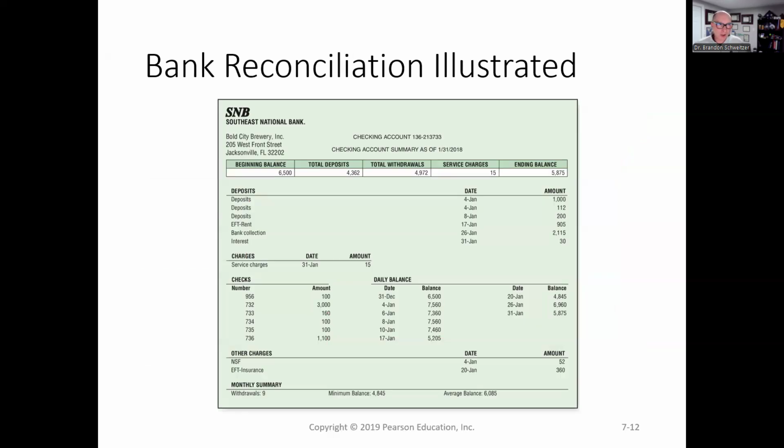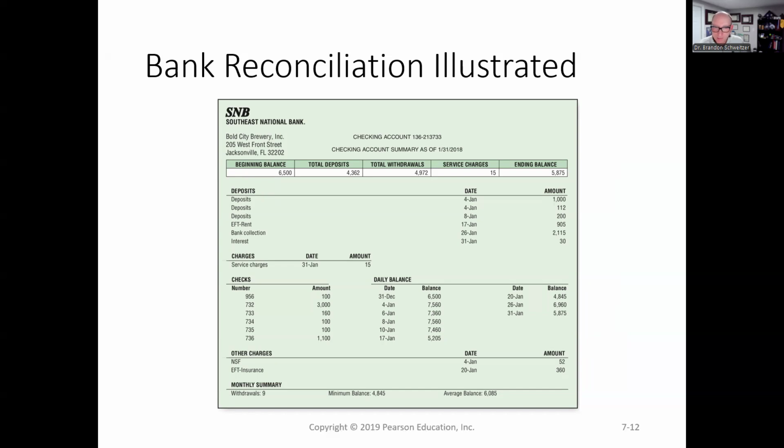So here we have our example that we've been using throughout the semester so far. We have our brewing company. This is our bank statement. Here we can see deposits that we've made, service charges from the bank, checks that we've issued, and our updated balances accordingly.